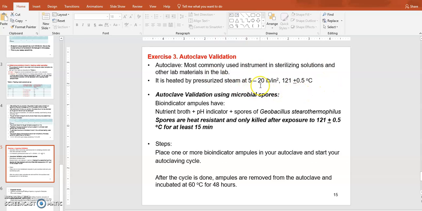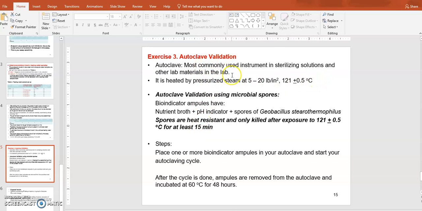About 5 to 20 pounds per square inch is the pressure given within your autoclave chamber. And then the temperature is about 121 degrees Celsius, plus minus 0.5 degree. So that's very hot temperature. Under the condition, if you keep the condition about 15 minutes, almost all the things will be killed, right? So that's how you can sterilize things.